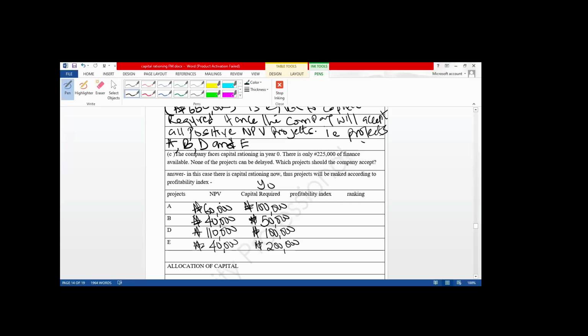NPV divided by capital required, in the year of rationing, this is 0.8. 110 divided by 100, 1.1. 40 divided by 200, 0.2.